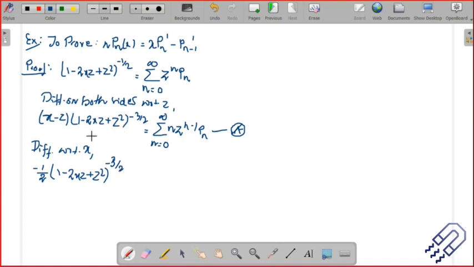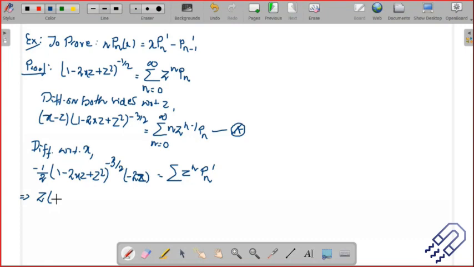With respect to x means I have to take d/dx of this, so d/dx of this would be nothing but minus of 2z, sorry, x is the variable here, 2z, is equal to summation, differentiating with respect to x, so z to the power n remains intact, and this will become pn dash. So I'll just write it as pn dash. Here this minus minus will go out, the 2 will get cancelled, I'll just have z.